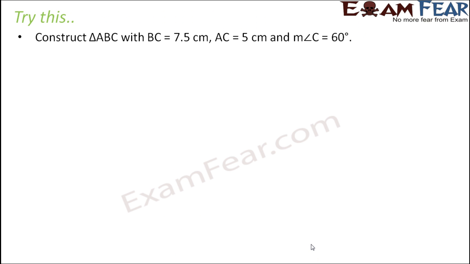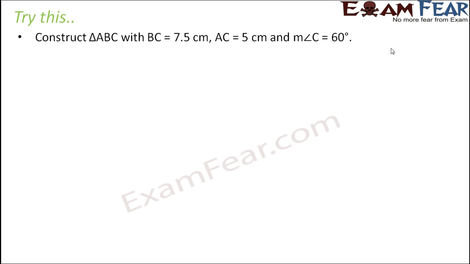Now let us try this one. Construct triangle ABC with BC equal to 7.5 centimeters, AC equal to 5 centimeters and measurement of angle C equal to 60 degrees. Let us quickly have a rough sketch in this case.